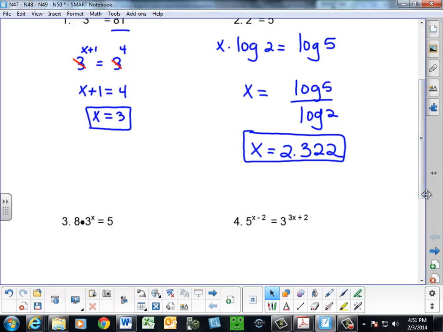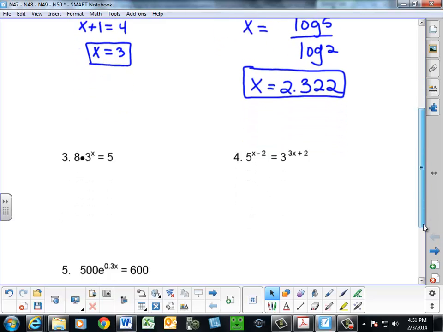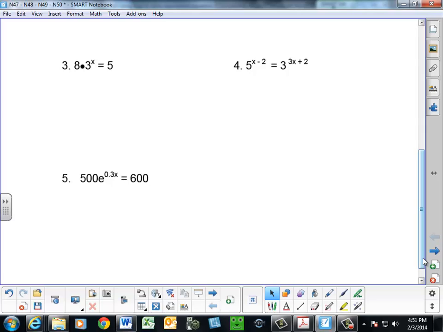Example 3, same thing. We're going to use the properties of logarithms to solve for x. On this one, we need to divide by 8 first so that we can isolate the variable. Now we can take the logarithm on both sides. X log 3 is equal to the log of 5/8.